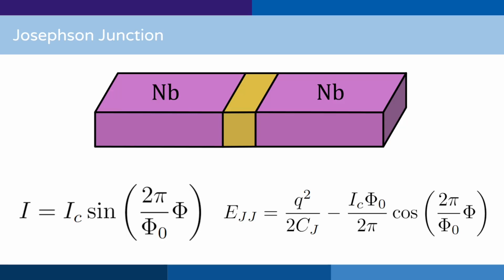There are the equations here: the current, that is a critical current times the sine of the phase, and the energy of the junction, that has a capacitance energy, and also the inductive energy, that in this case is a nonlinear energy.